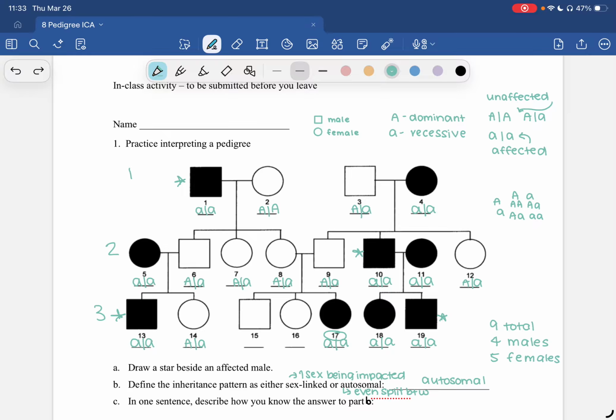However, because these two individuals, 15 and 16, are unaffected, we know they have at least one big A because they're unaffected, but we don't know if that other allele is a big A or if it's a little a. Because phenotypically speaking, they would both present as normal, because the dominant allele would be masking the trait.